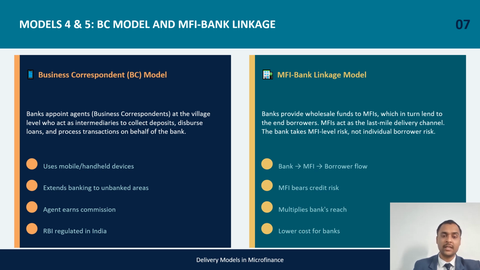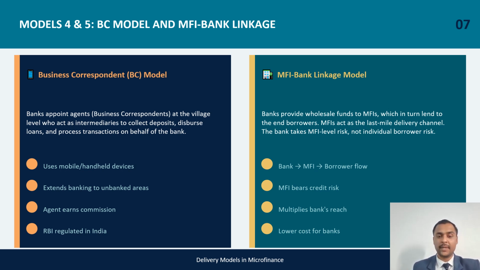The second model is the MFI-bank linkage model. In this model, the commercial banks do not lend money directly to individual borrowers. Instead, they give wholesale funds to the MFI, and the MFI then uses the money to lend to the final borrowers. Think of it as a pipeline: the bank sends the water to the pump station, and then the pump station distributes the water to individual homes.